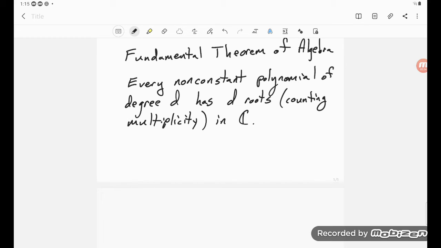So it used to be if we had something like z squared plus 1, we would say, oh, we couldn't factor that. But now we can, you see, we can factor this into z plus i, z minus i.